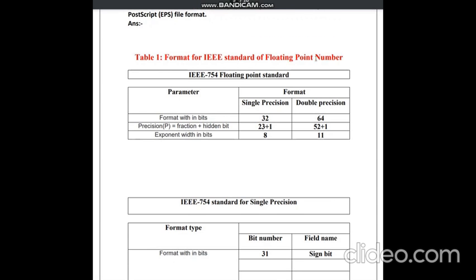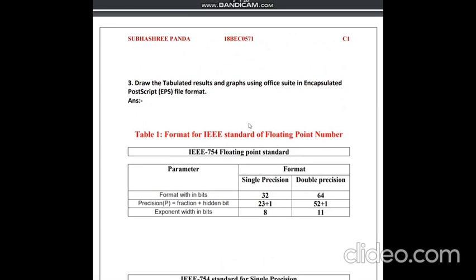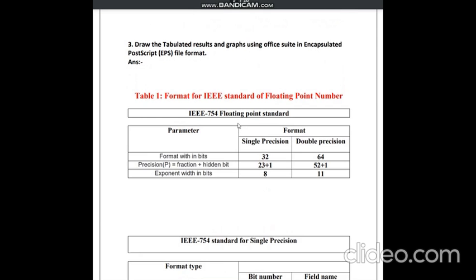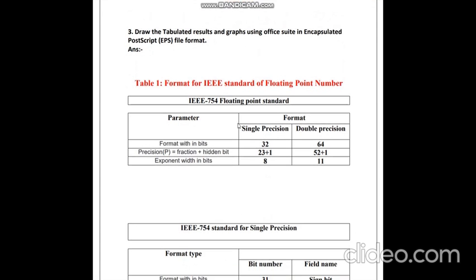So, as we already know, coming to this third question, some tabulated results. I have also posted some tabulated results and graphs regarding this report. Floating point data computing is actually a real numbering system that deals with a wide spread of number representation.